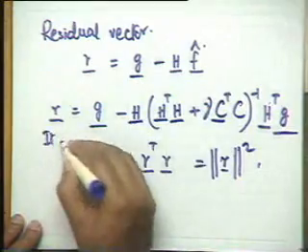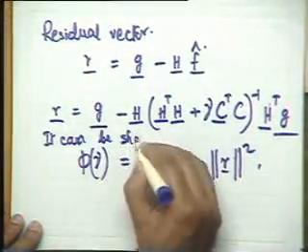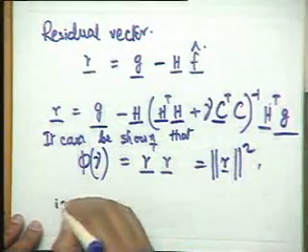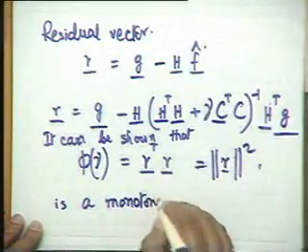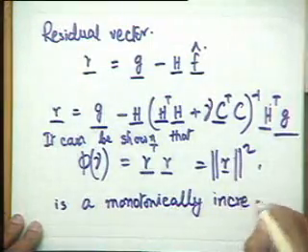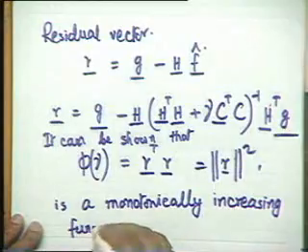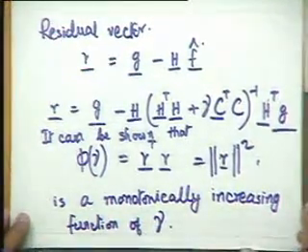And it can be shown that this phi gamma function which we are defining like this is a monotonically increasing function of gamma.